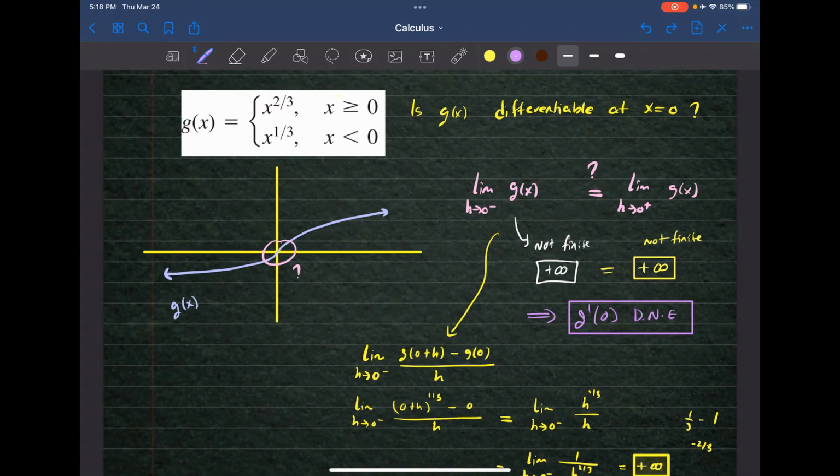Now, if they were unequal, then of course the derivative doesn't exist. In that case, your tangent line will have an undefined slope. Here, you can imagine that there is a tangent line at x equals 0, but the tangent line is vertical. So this is a vertical tangent line.